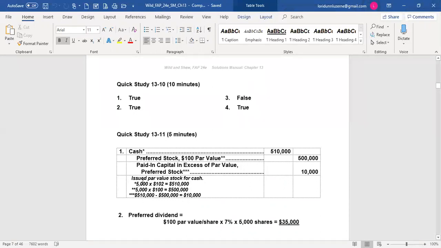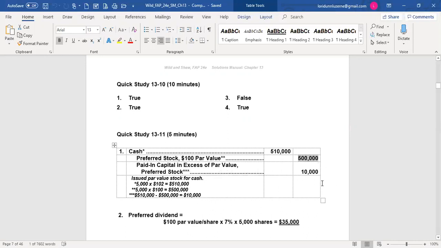Debit cash for the 5,000 shares issued times the $102 selling price per share, or $510,000. That's what the corporation is receiving. Then we credit preferred stock, remember that's an account like common stock. It's a paid-in capital account. And we store in there the par value of the preferred stock we sold. 5,000 shares times $100 or $500,000.